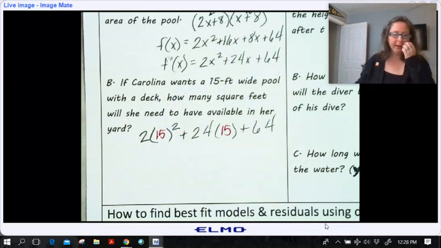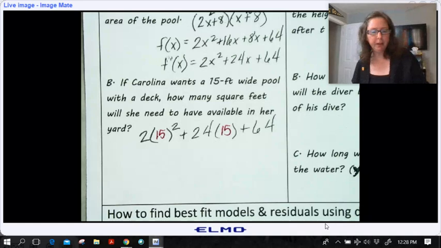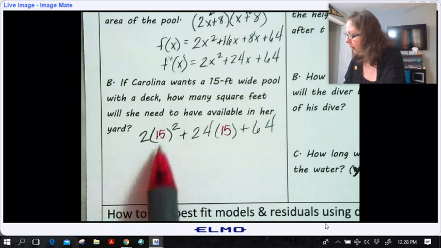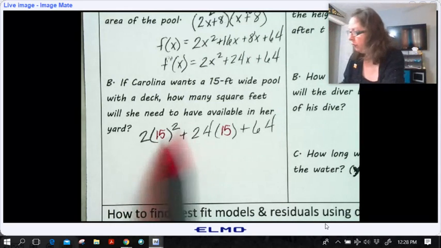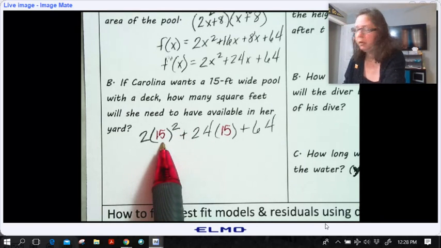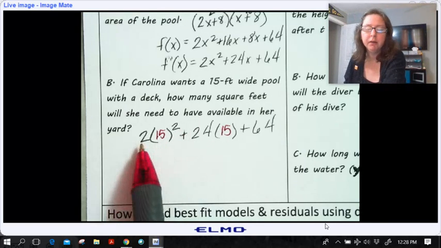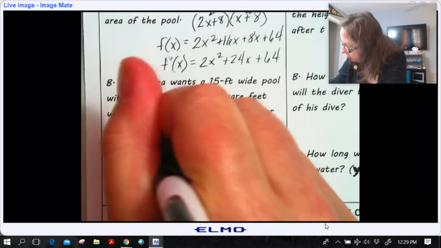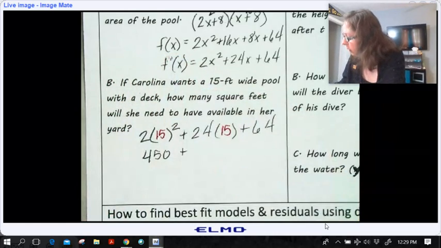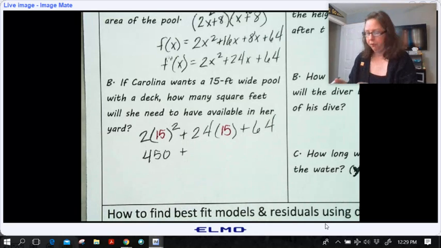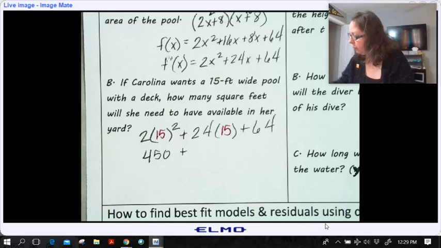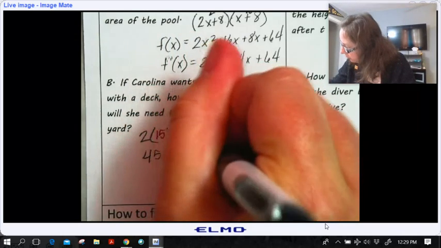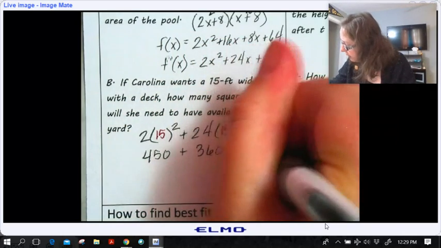And so now we're ready to simplify this, all right? 15 squared is 225. 225 times 2 is 450. 24 times 15, let me just type this in my calculator, is 360, and then plus 64.